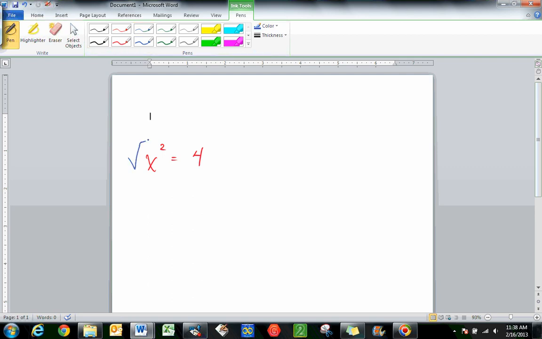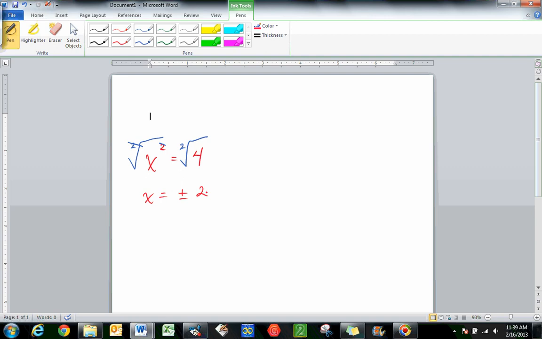So I was taking the square root, and of course if I took the square root of one side, I had to take the square root of the other side using the golden rule of algebra. And in doing so, the root and the power cancel each other out, leaving me x is equal to plus or minus 2.